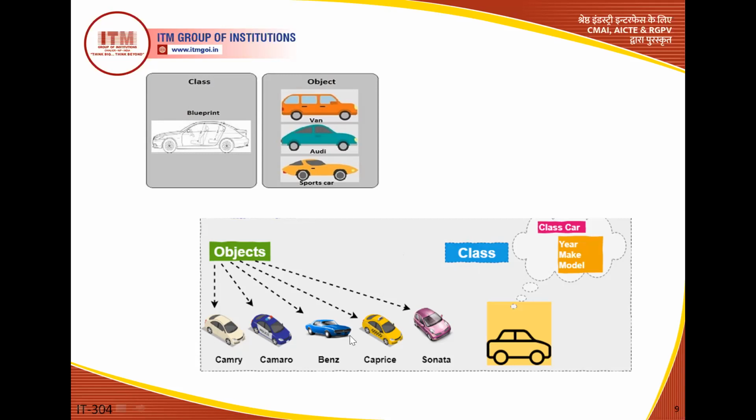These may be the objects, and all these objects share these common properties. Every car has a year of making, a model number and a color, but with different values.